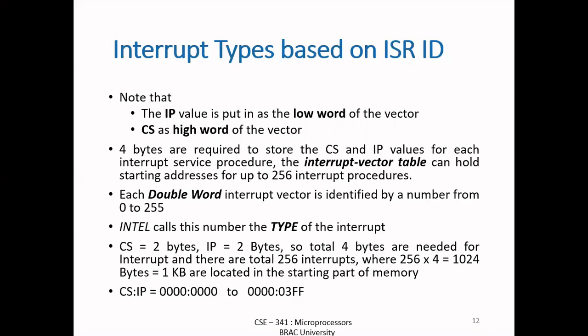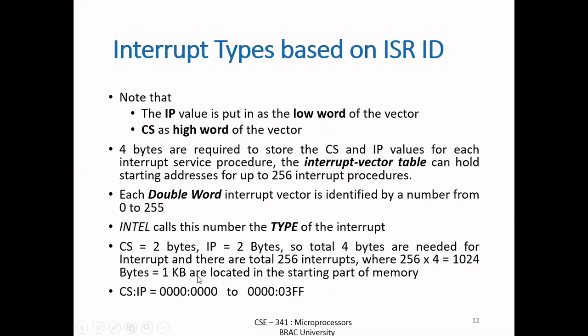The interrupt vector table, that's why, can hold starting addresses for up to 256 interrupt procedures. Why 256? Because we know CS is 2 bytes, IP is also 2 bytes, so total 4 bytes. And if we do a simple multiplication, 256 times 4, that is 1024 bytes.